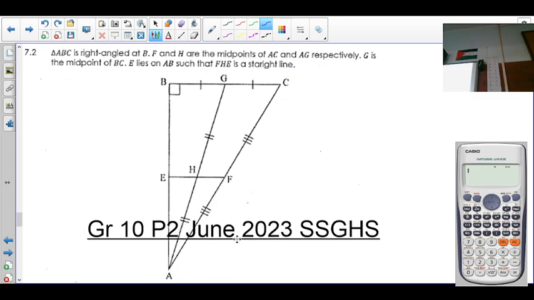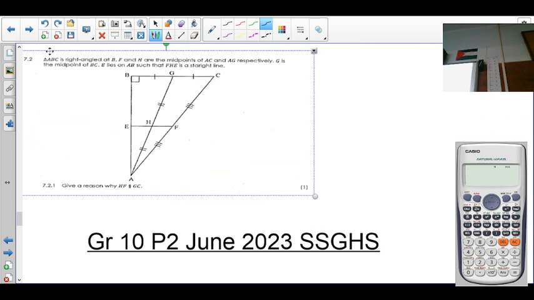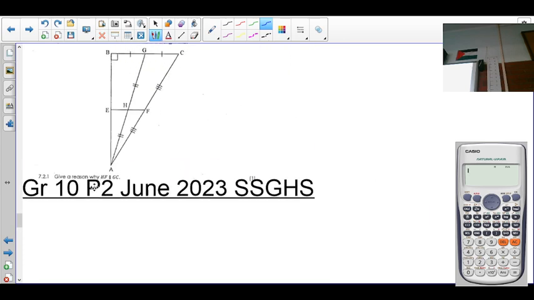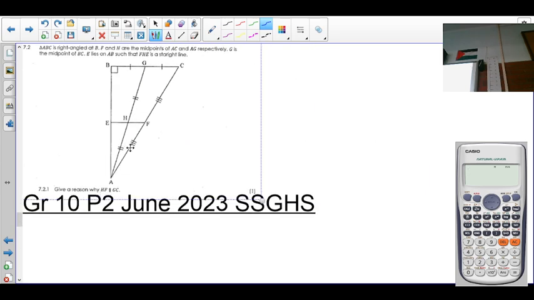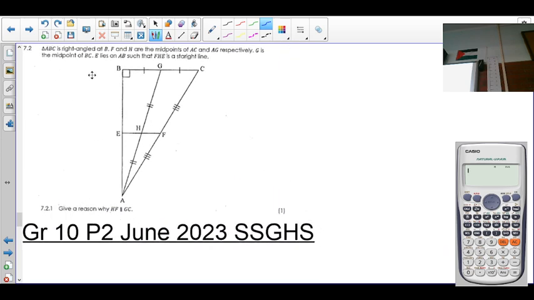7.2. Here's your midpoint theorem coming into play. Triangle ABC, which is the big outer triangle, is right-angled at B. F and H are the midpoints of AC and AG respectively, in that order.